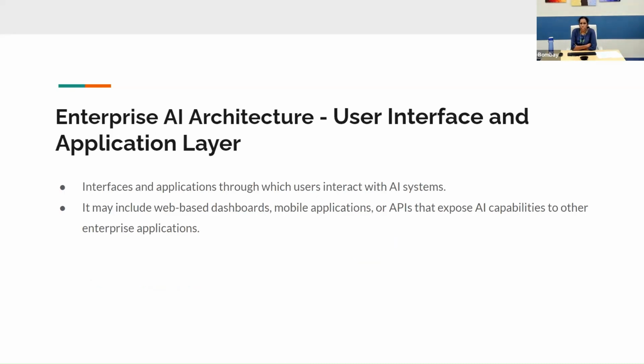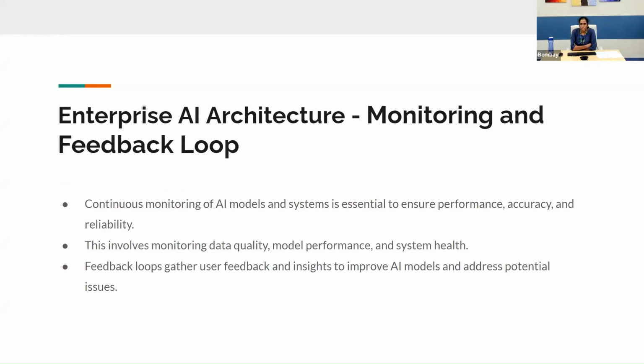Next is the user interface layer. It is like dashboards, mobile applications, or APIs through which the user interacts with the enterprise AI. This layer continuously monitors the AI models to ensure their performance, accuracy, and reliability.